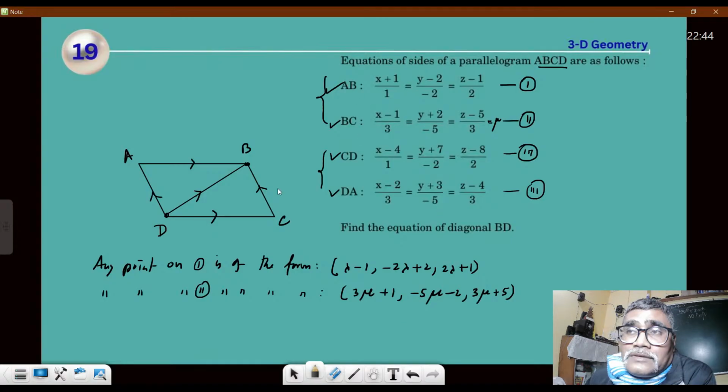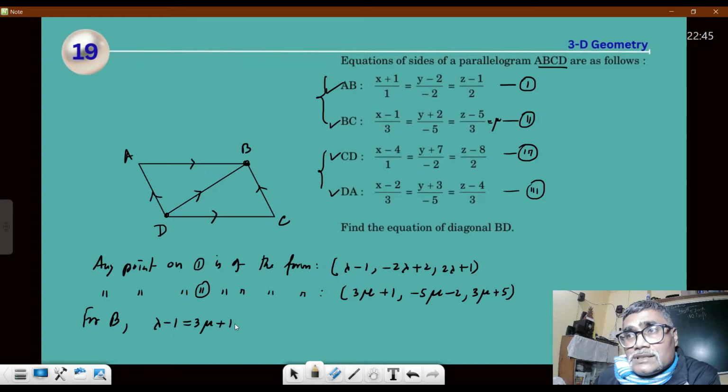But if I should find the point of intersection of AB and BC, then obviously there should be some value of lambda and mu, replacing which will generate the same value for both. That means for B, lambda minus 1 must be equal to 3 mu plus 1.